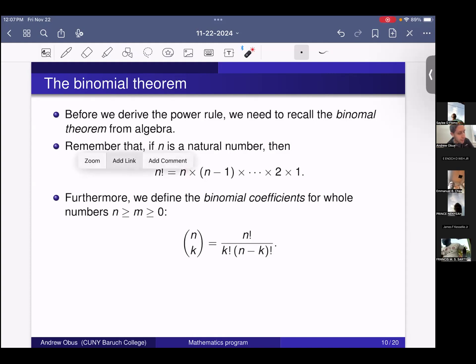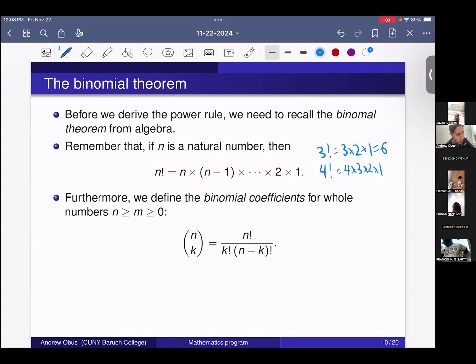This means, and we did this when we did probability last year, if you were here, that n factorial is the product of all of the natural numbers up to n. So for instance, 3 factorial is just 3 times 2 times 1, which is 6. 4 factorial is 4 times 3 times 2 times 1, which is 24, and so on. So that's what these factorials are.